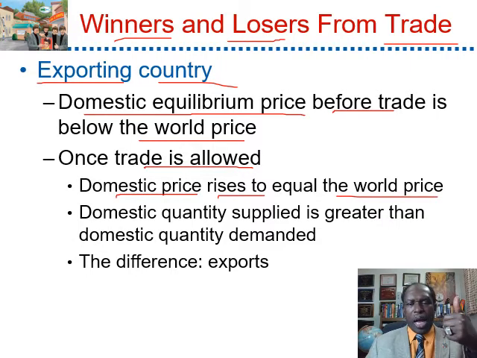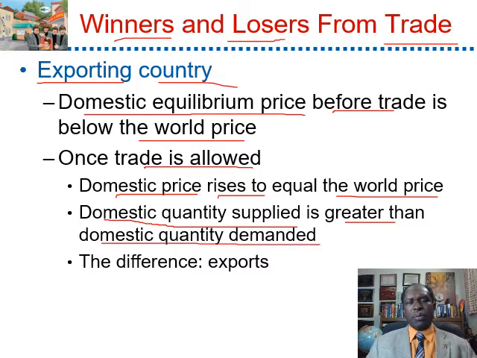Because the price is going up, domestic producers will produce more to take advantage of the increase in price. Therefore, the domestic quantity supplied is greater than the domestic quantity demanded. The difference between these two is exports, so domestic producers will export the surplus of production to foreign countries.